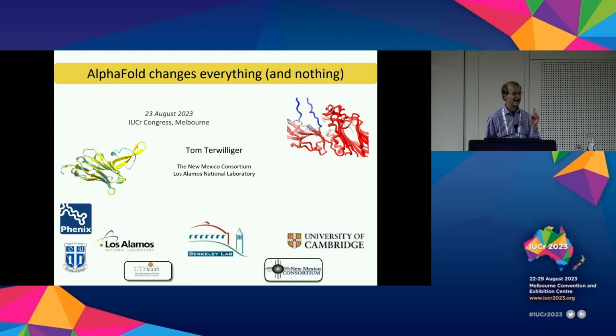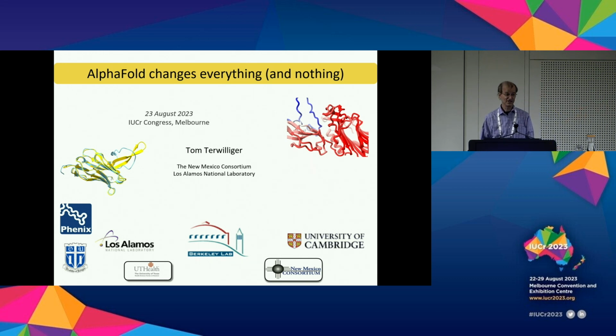Now, with your help, I'd like to prove this right now. So, how many in the room have solved a structure with X-ray or cryo-EM in the last 2 years using an AlphaFold or other AI model? Raise them high. Okay, great. That's part one, right?